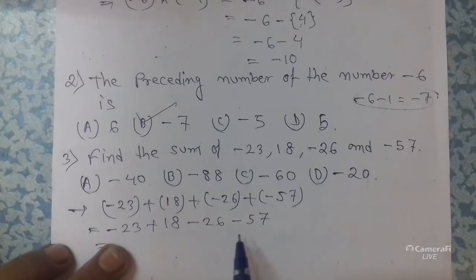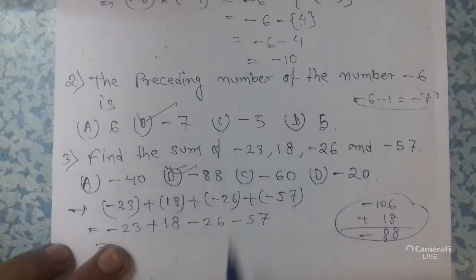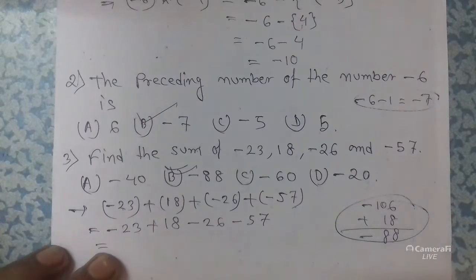So if we calculate it, it will be 57 plus 23, because we know that same sign must be added. So 57 and 23 is 80. 80 plus 26 is 106. So it is minus 106 and plus 18. So if we subtract, it will be minus 88. So B is the correct answer. Minus 88 is the correct answer.